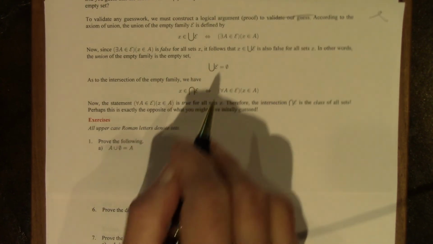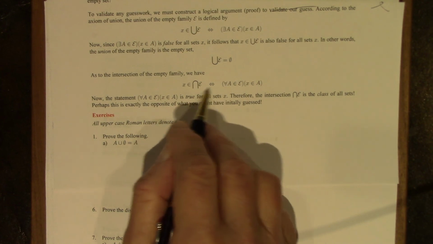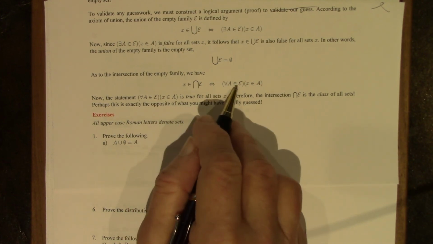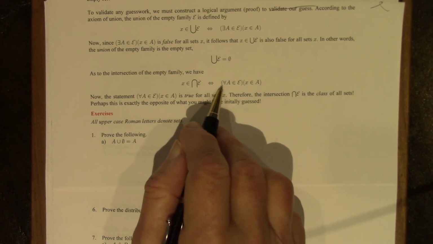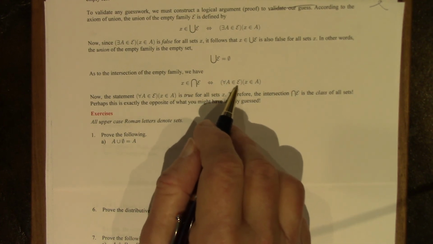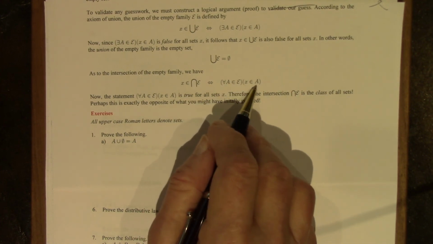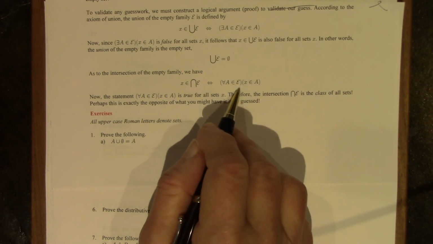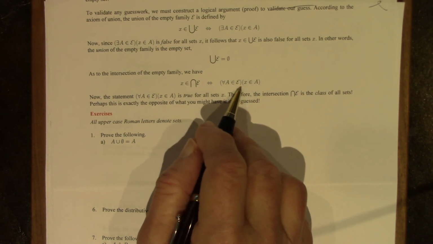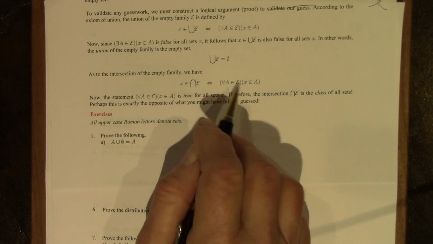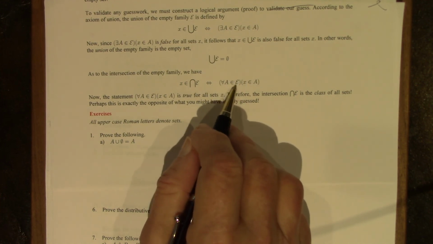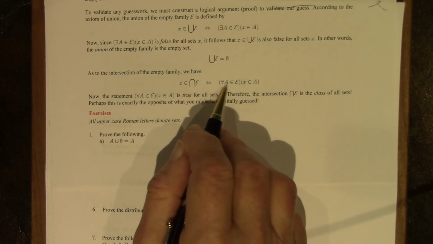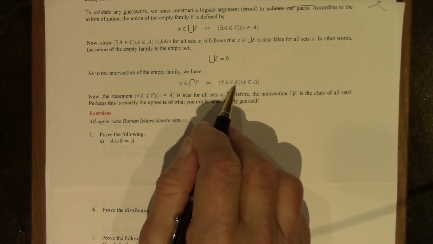As to the intersection, we have this biconditional. Now let's look at this statement there, that for all A in the empty family, X is in A. This is true. It's true vacuously. For all A in the empty family, X is in A. Well, there are no A in the empty family.